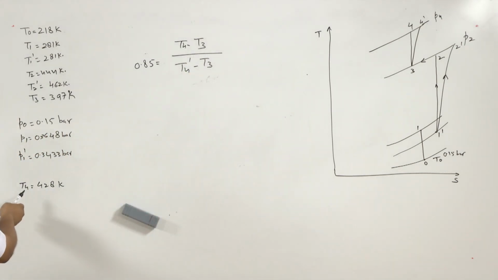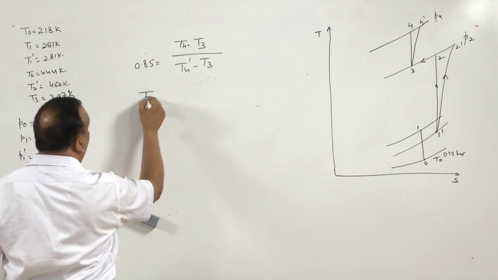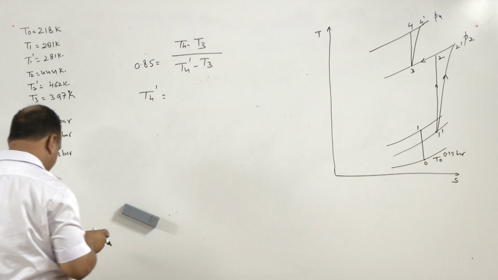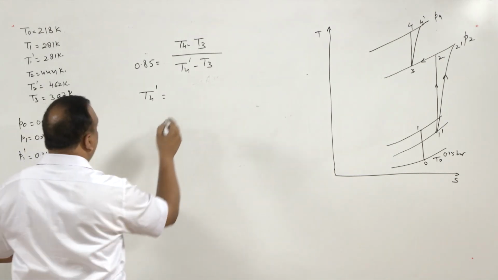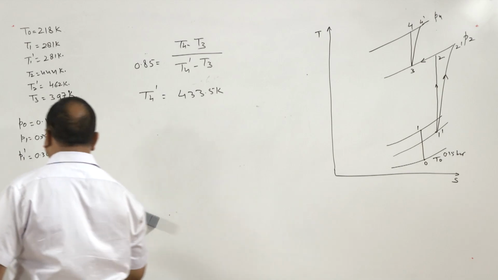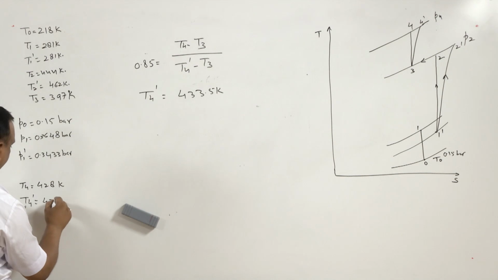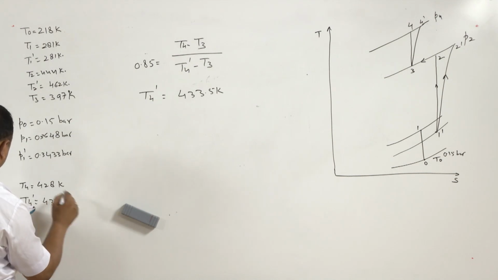Now, T4 and T3 we can take from here, and this will give us the value of T4 dash as 433.5 Kelvin. So, T4 dash is 433.5 Kelvin.